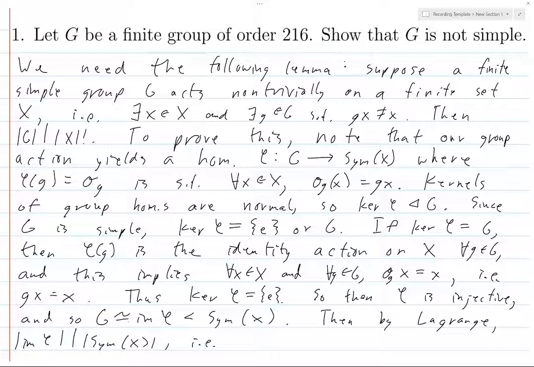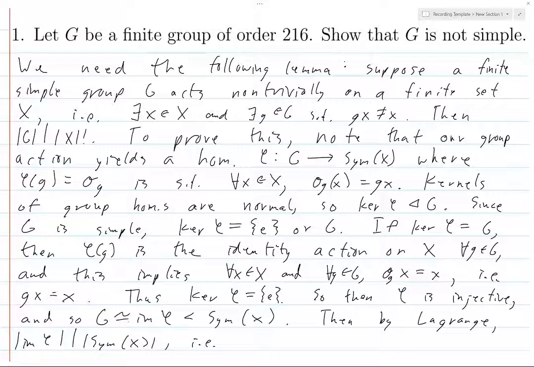But now I'm going back and thinking, because what you do is you have that diagram that goes from G and it goes down to G mod E, and you're mapping into this other thing, Sym X, and then that has to factor through the quotient, but the quotient here is just G mod E, which is G. And so, obviously, it's surjective onto its image, and it's injective onto its image.